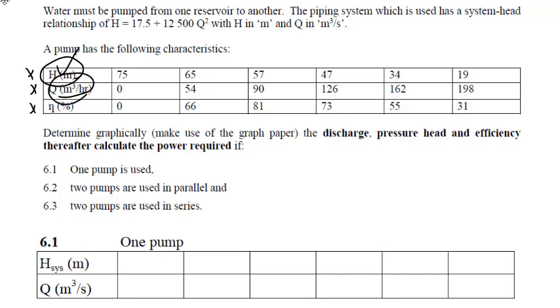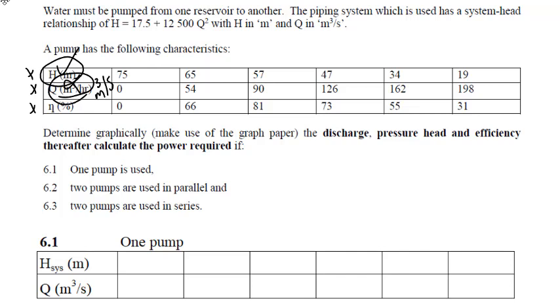Q, however, is in meters cubed per hour, so we cannot use this. We'll have to convert to meters cubed per second. The efficiency throughout is 0, 66, 81, 73, 55, and 31. That stays the same. However, we'll see what happens to those later on.